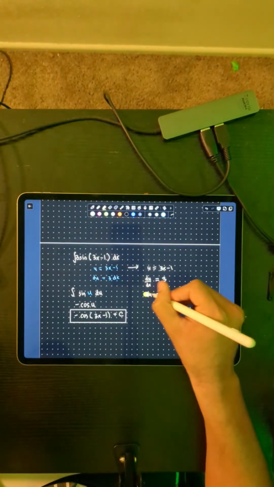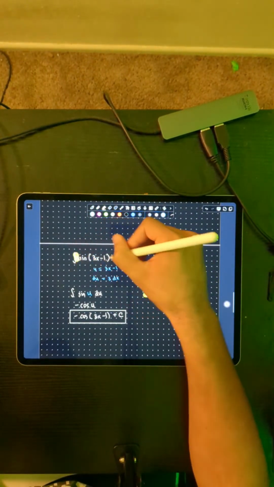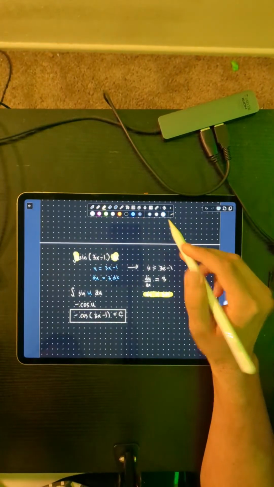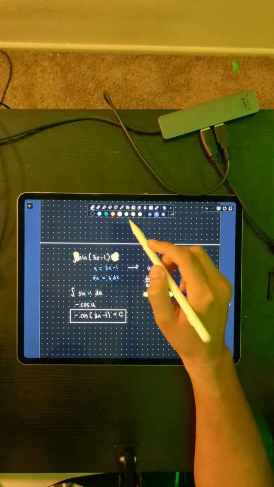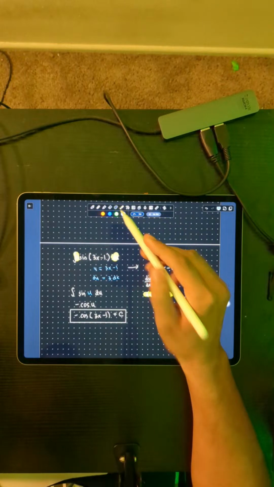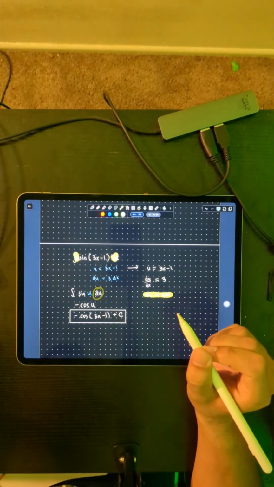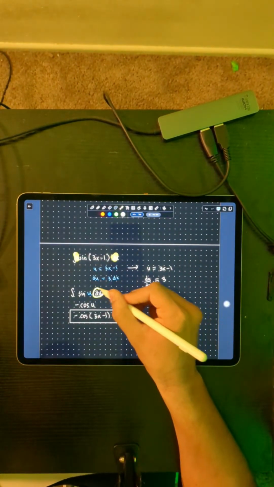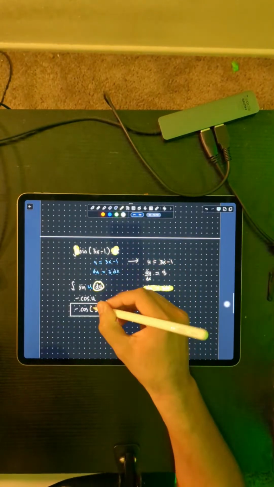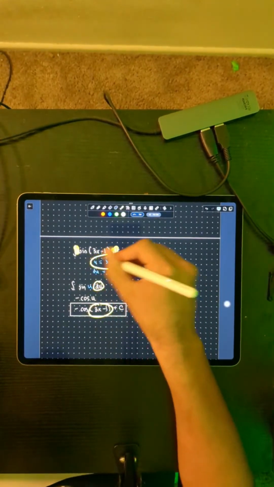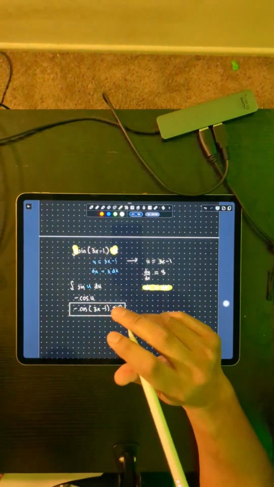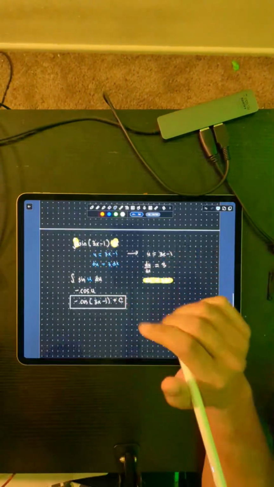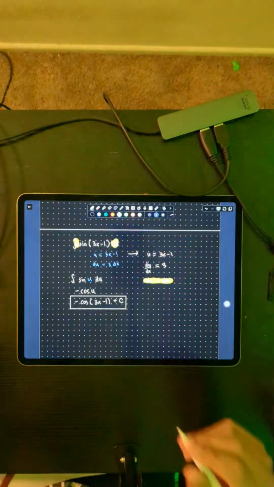So du equals 3 dx is right over here, 3 dx. So that's where that 3 went away. It got absorbed into that du term here. Then at the end of the day, we back replace from u equals 3x minus 1. Fancy pants, that was a great question. Did that clear up things for you?